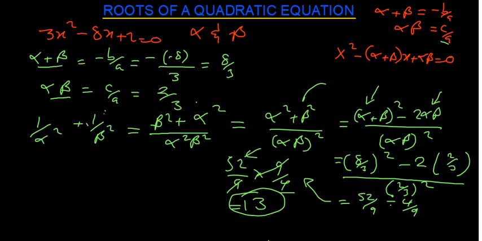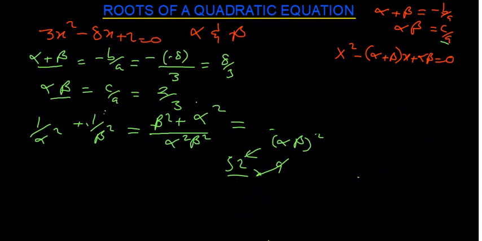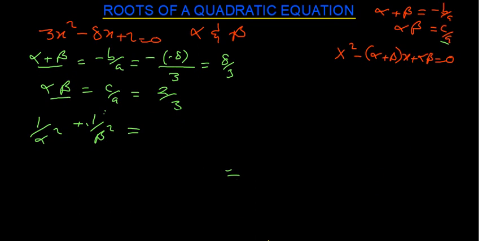So that will be our value if that question was given. Let's see if they give us another question to find the value using the same equation. What if they said, as part 2, find the value of alpha over beta plus beta over alpha. How do you do it? Let's make it a single fraction. Multiply the alpha on top with the alpha down, that will be alpha squared.